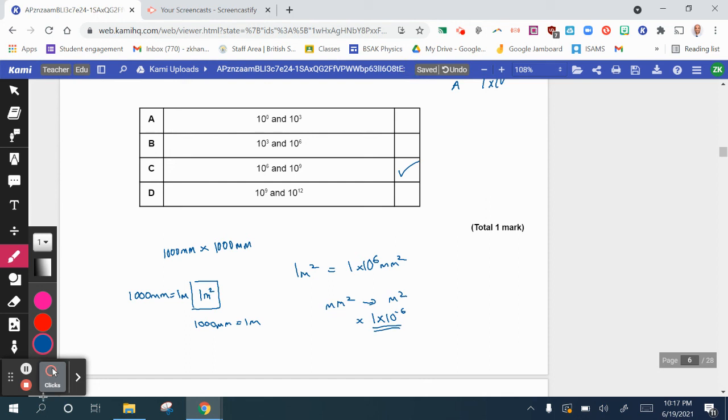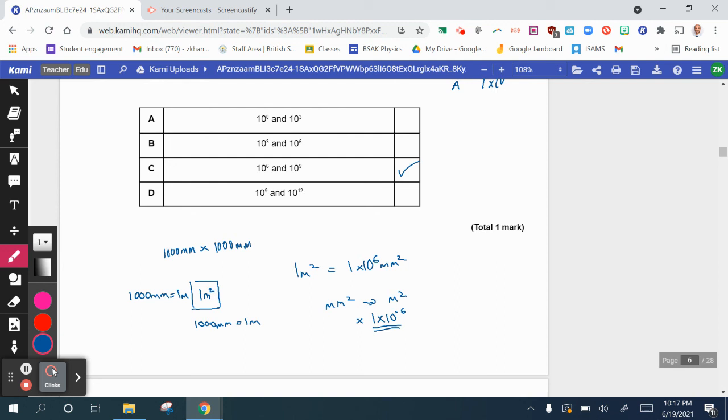So in 1 meter squared, there are 1 million millimeter squares. So 1 million little millimeter squares are in 1 meter square. So if we wanted to convert from millimeter squared to meter squared, we multiply by 10 to the minus 6 or divide by a million.